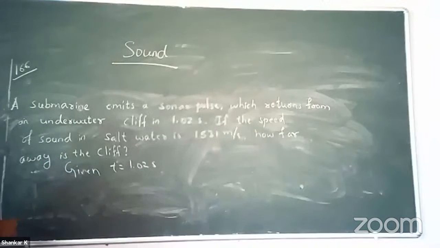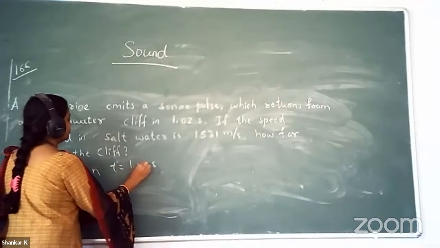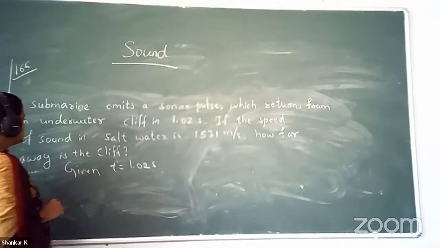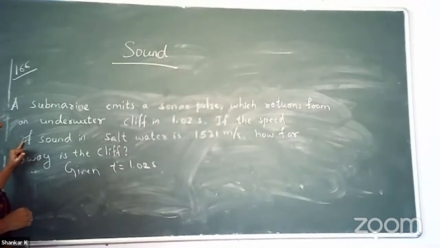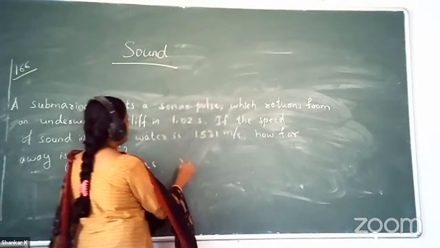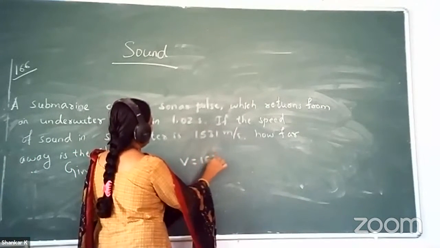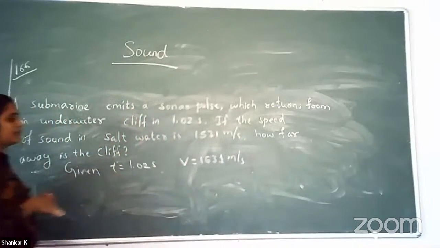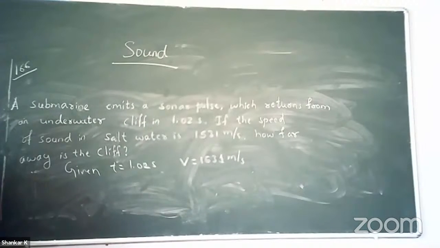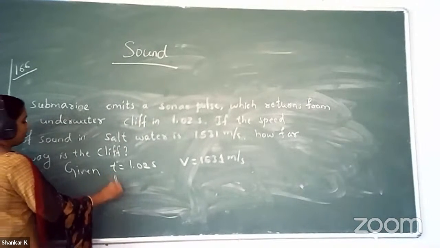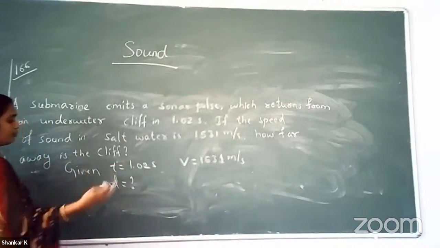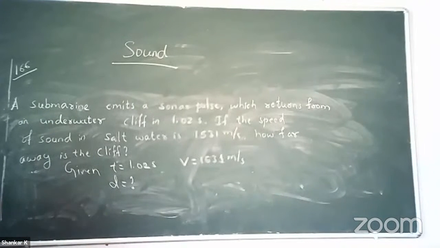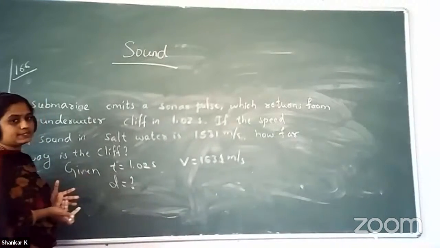If the speed of sound in salt water, V, is equal to 1531 meters per second, how far away is the cliff? What you have to find here is the distance. How far means distance we have to find.